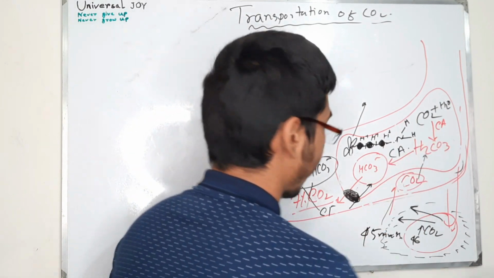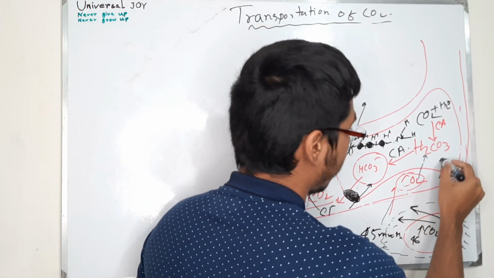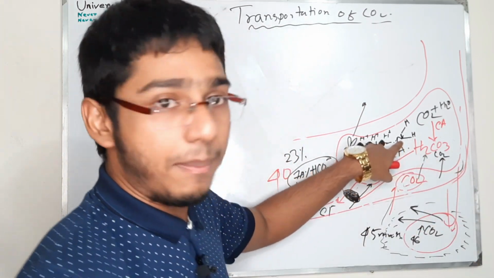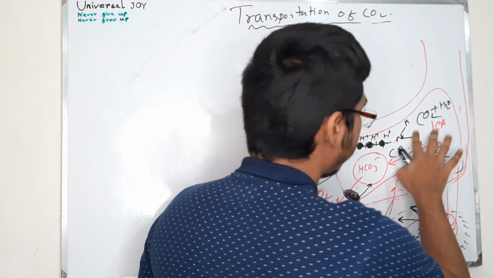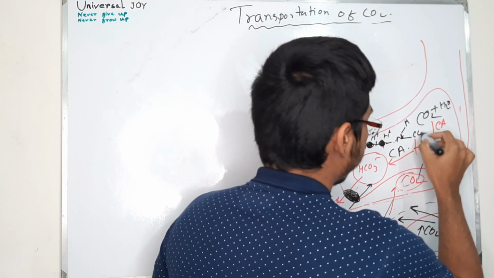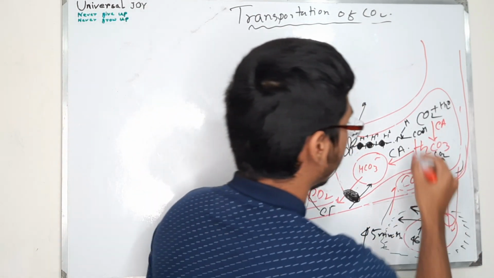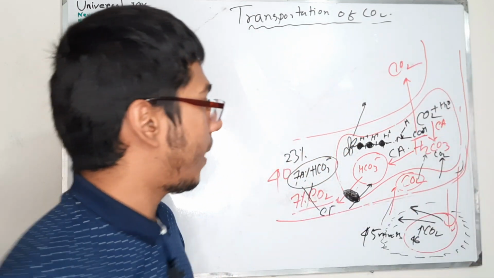Now sometimes some of the carbon dioxide enters into the RBC and directly binds with this amino end, and after the combination with the amino end, it becomes a carboxyl kind of group. This COO is the part of CO2. Did you get me?